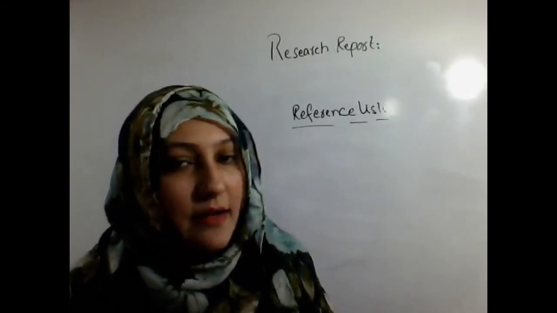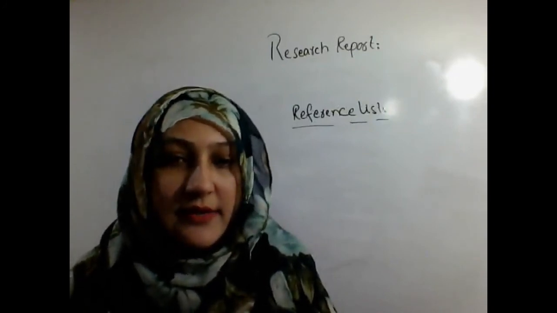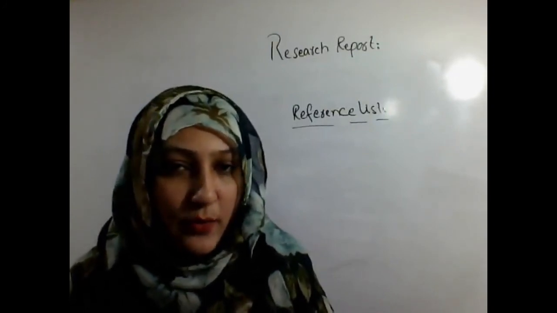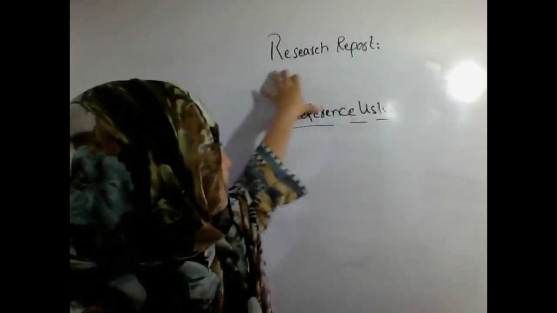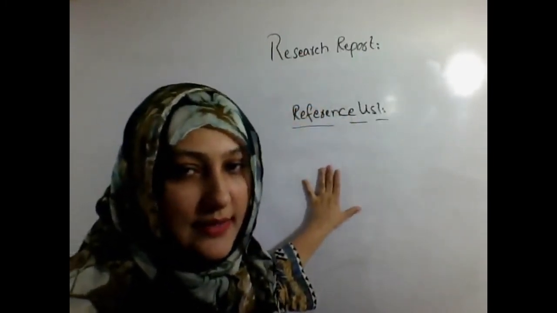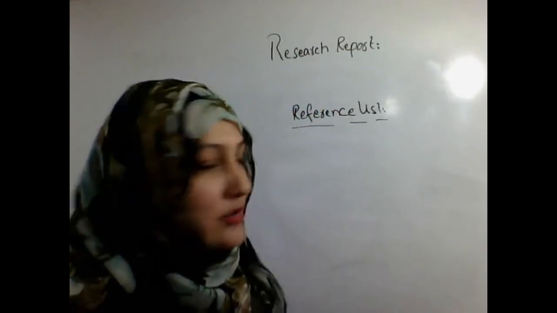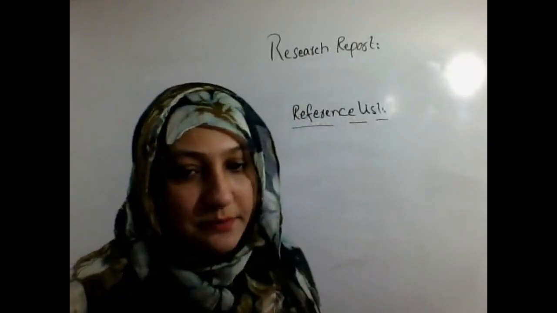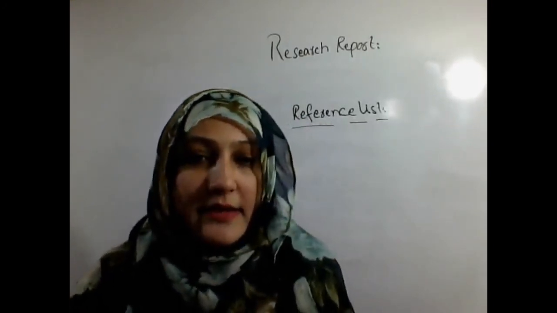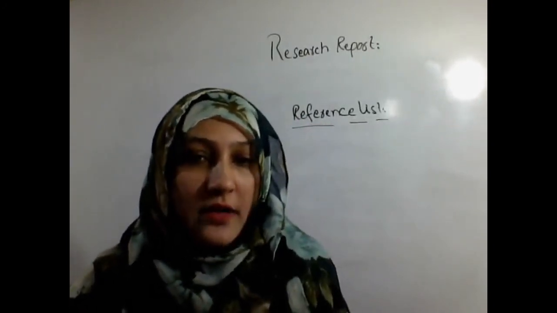All the references and citations which you have given in your research report, you have to make a complete list of in the references section. These are all the parts of the research report.